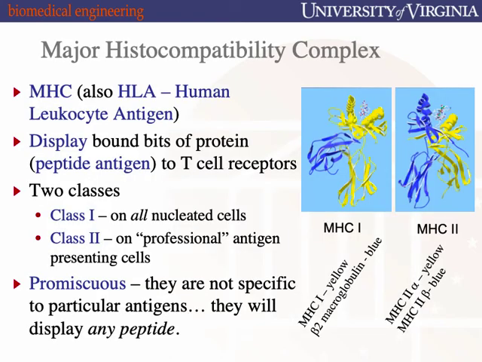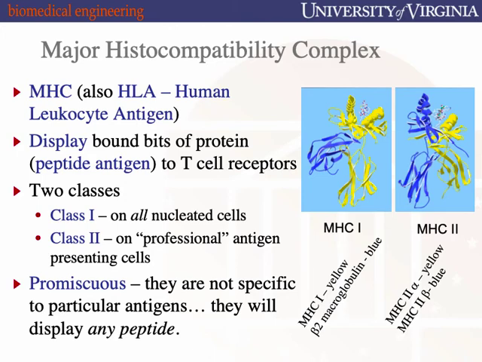But I mentioned that T cell receptors can only bind their antigen when it's specifically presented in a particular way. And the complex that's going to do this is known as the major histocompatibility complex. It's also known as HLA, or human leukocyte antigen. This name historically comes from the fact that I will mount an immune response to any part of you that's put into me, right?